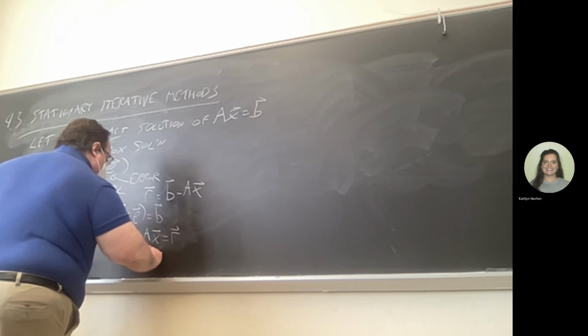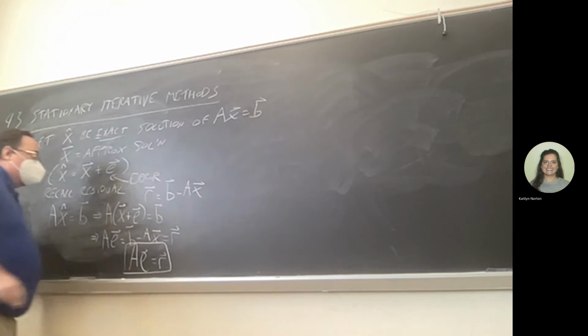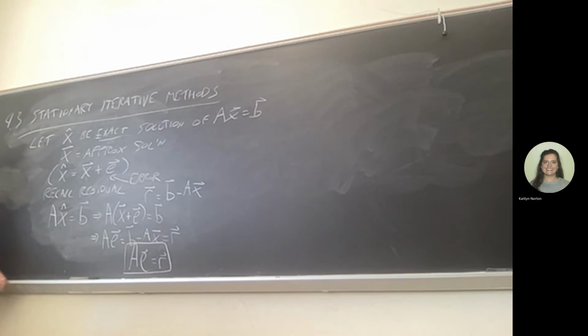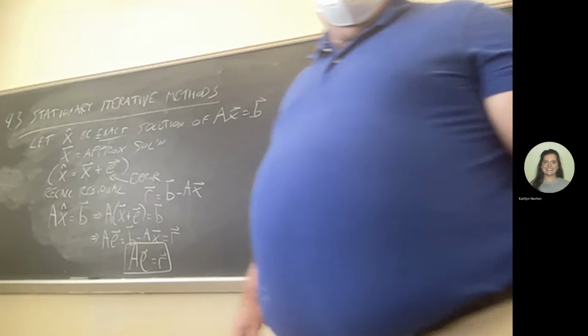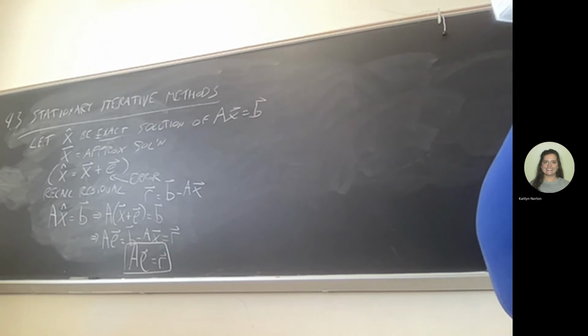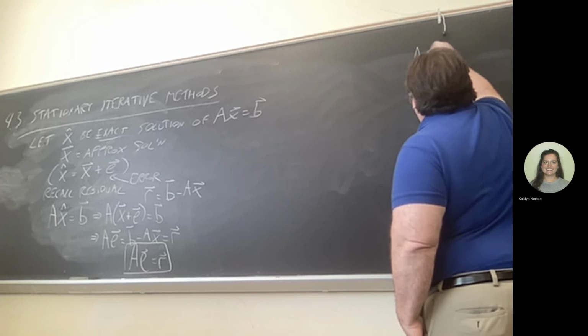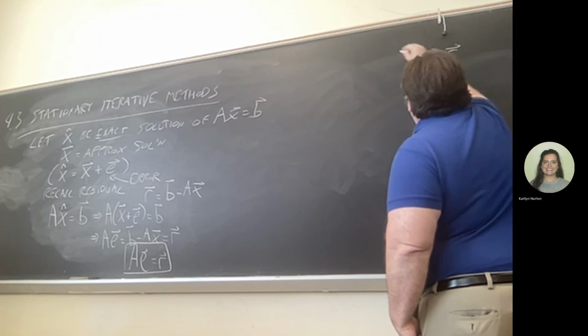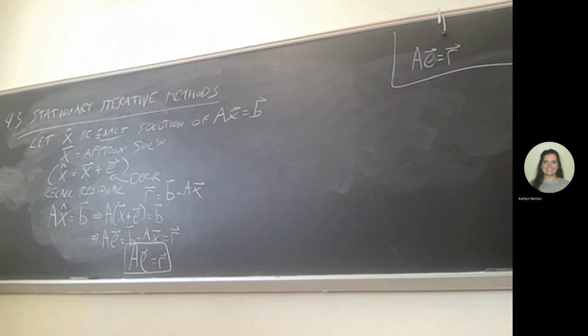So this is a very important equation that relates the error and residual: AE is equal to R. That's going to become important to us a little later, so I'm going to put that up here so I can refer to it later.